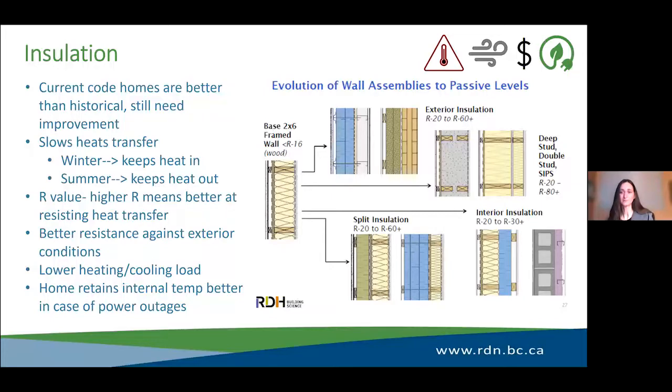Your home stays cooler in the summer and warmer in the winter using less energy. It'll also be better able to maintain its internal temperature if the power goes out, which, if we're going to have more intense storms, is something I would see as an advantage. It does require additional costs up front as you're using more insulation, but this can be offset because you can buy a smaller heating system and pay less for its operation over your home's lifetime.